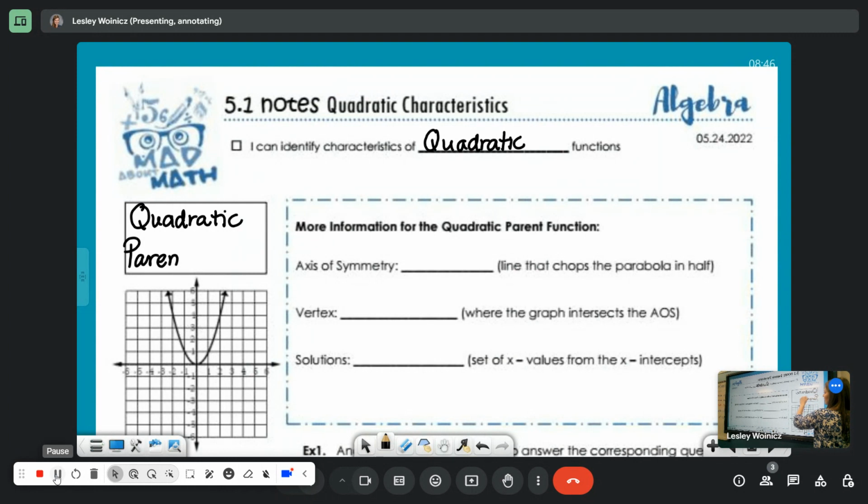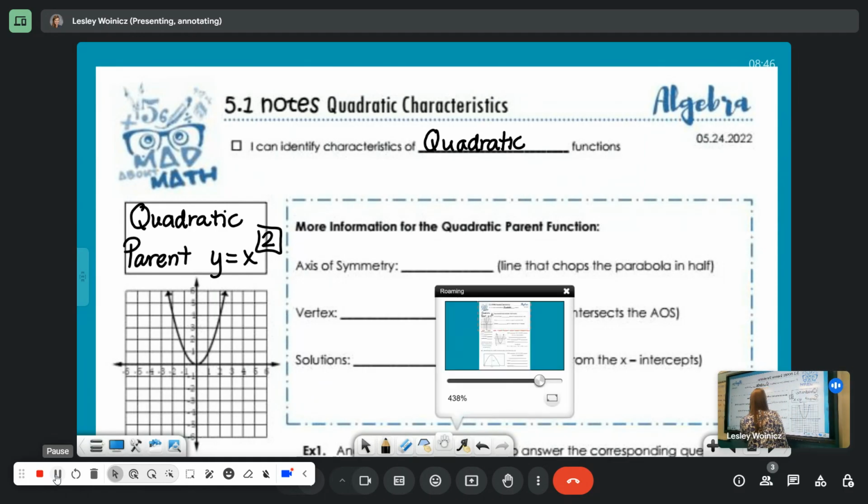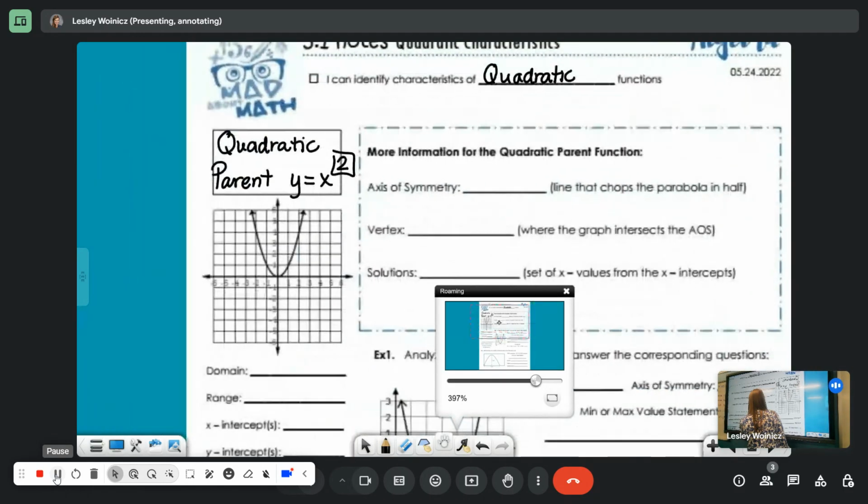Anybody remember the equation for our quadratic parent? Almost. One more thing. Squared. Okay, that's what makes it quadratic. Let's see what else we can remember about the quadratic parent.